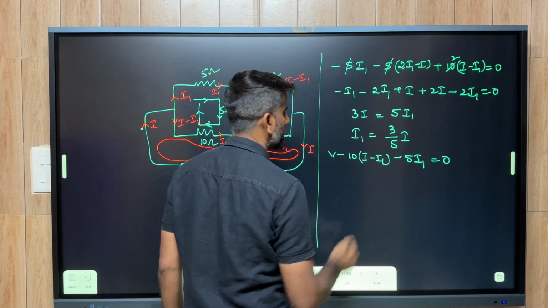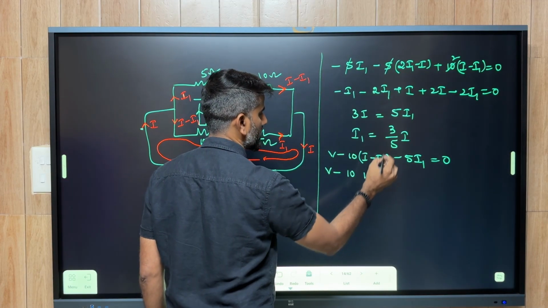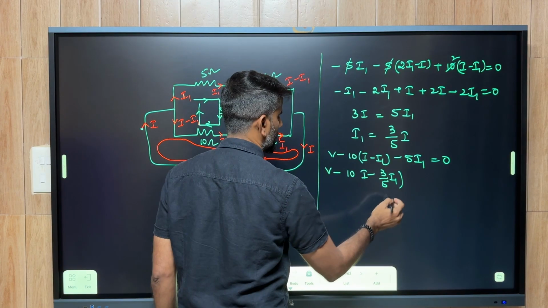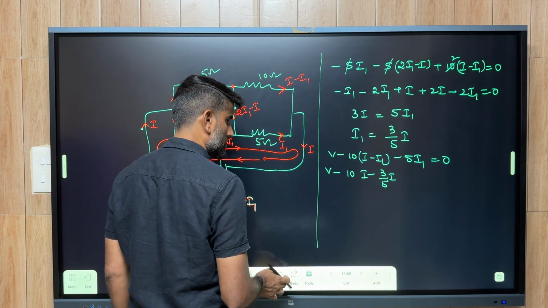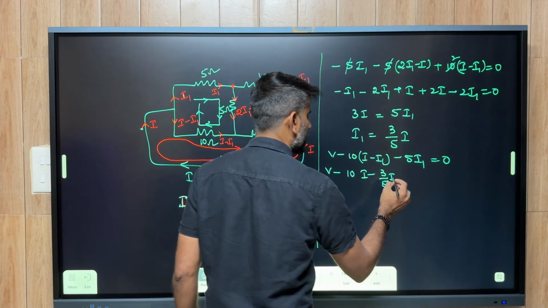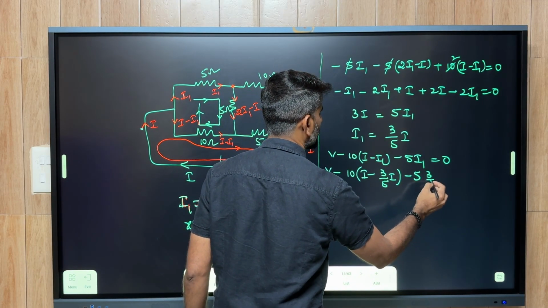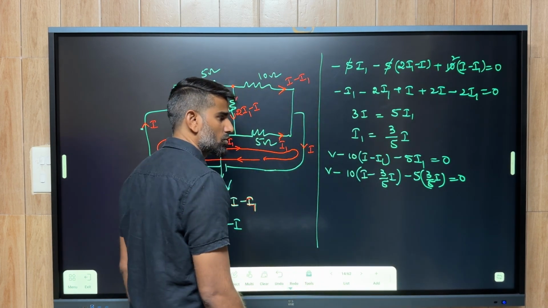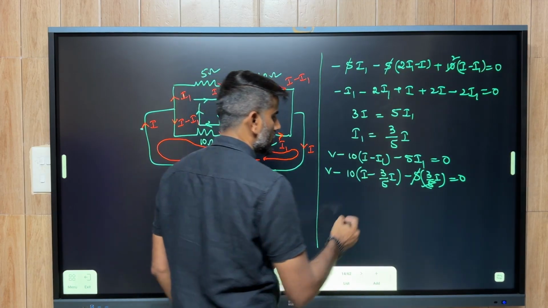Okay, and I know the I1 value, so V minus 10(I minus 3 by 5 I) minus 5 times 3 by 5 I is equal to 0. Here we have 5, here we have 5, cancel out.